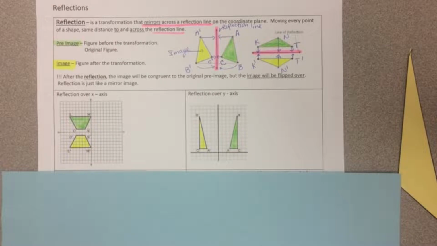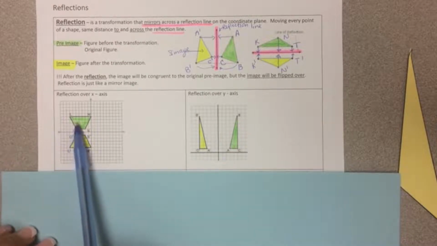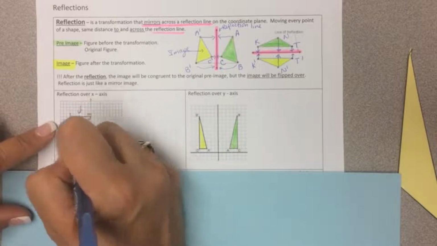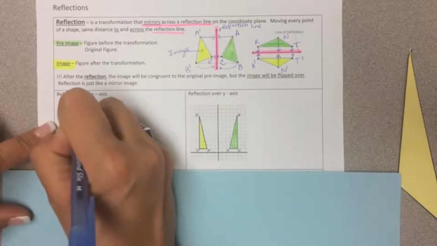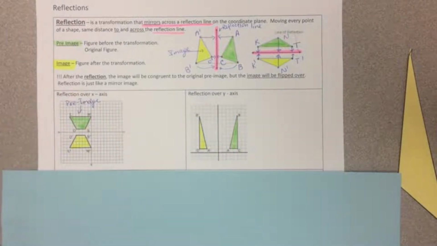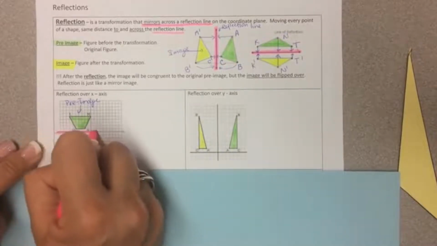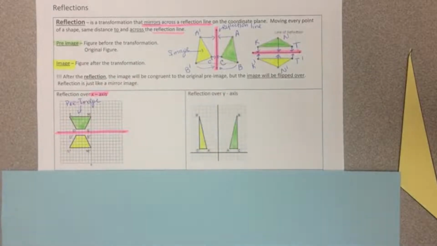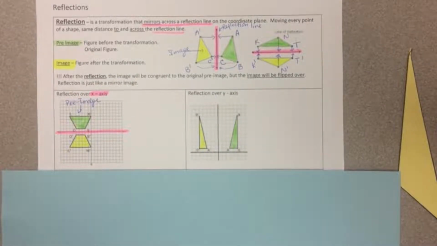The most commonly used are reflection over the x-axis and y-axis. So I have a reflection over the x-axis here, where the pre-image is LMNO. So this is the pre-image, and this pre-image was reflected over the x-axis. Reflected over the x-axis at the same time means that it's flipped over.